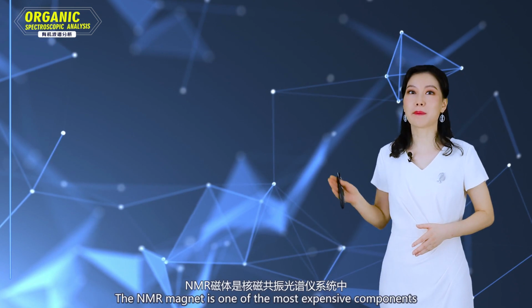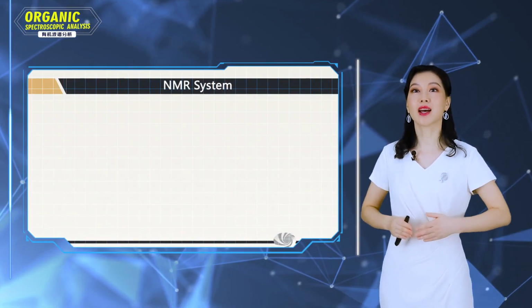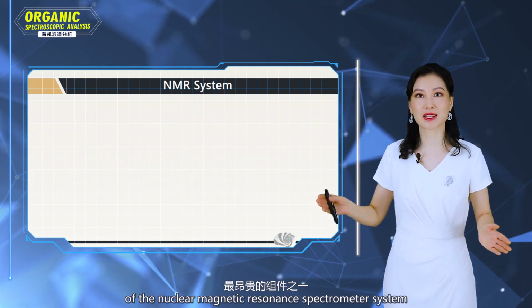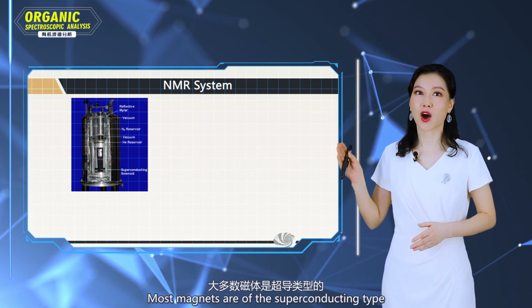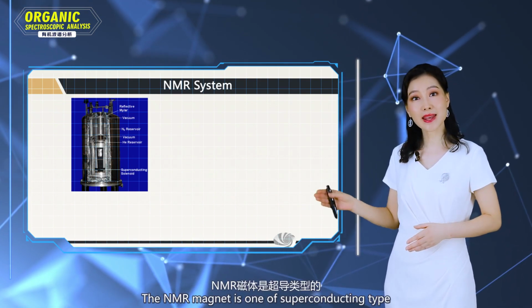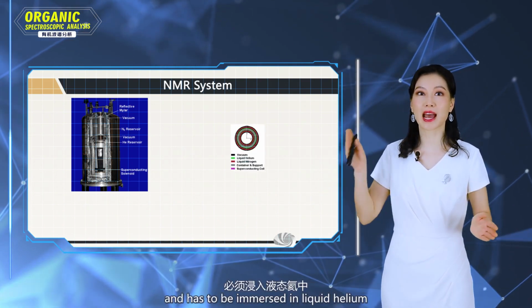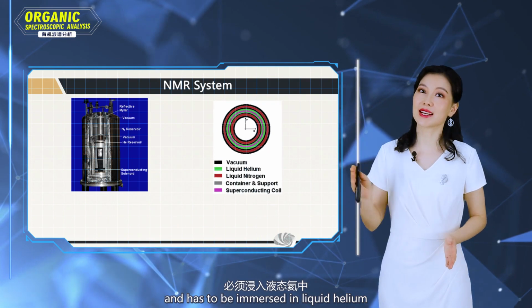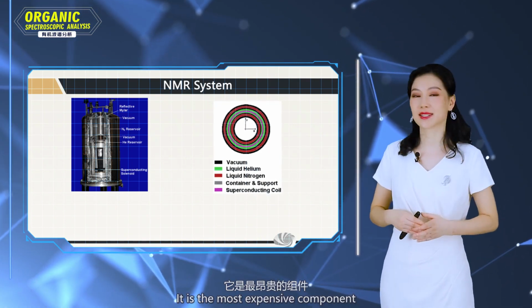The NMR magnet is one of the most expensive components of the nuclear magnetic resonance spectrometer system. Most magnets are of the superconducting type. The NMR magnet is of the superconducting type and is immersed in liquid helium. It's the most expensive component.